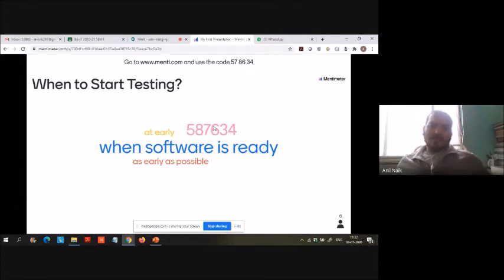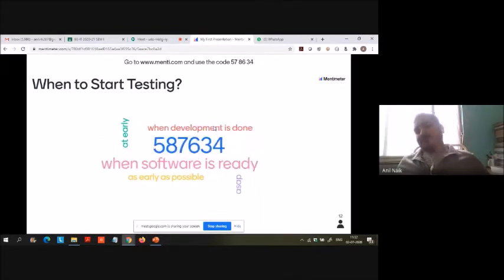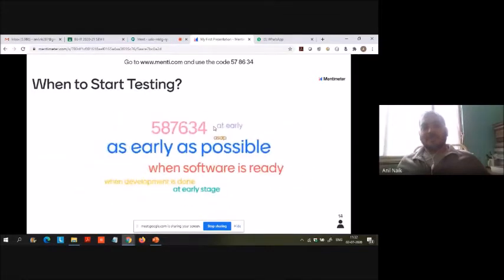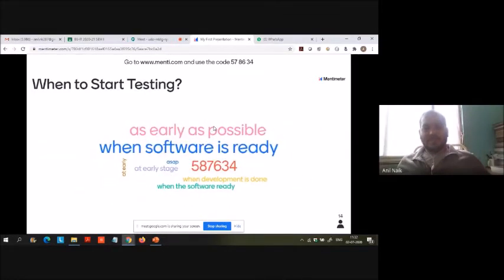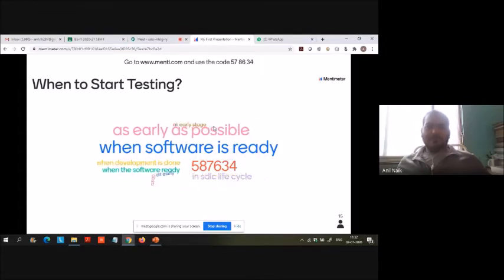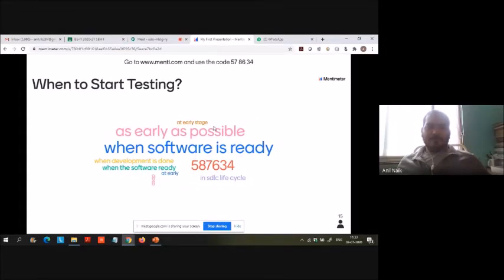Those who are using it, just try to give your answer: when development is done, as soon as possible, when software is ready, in the SDLC lifecycle.